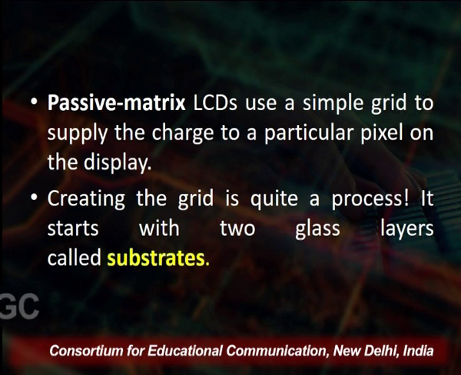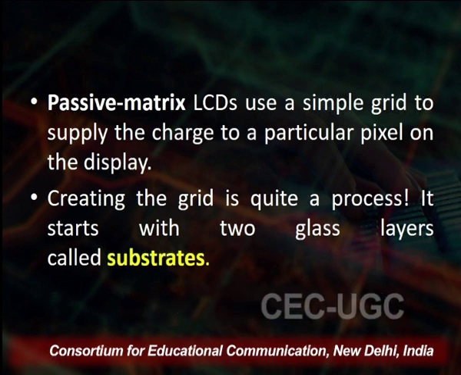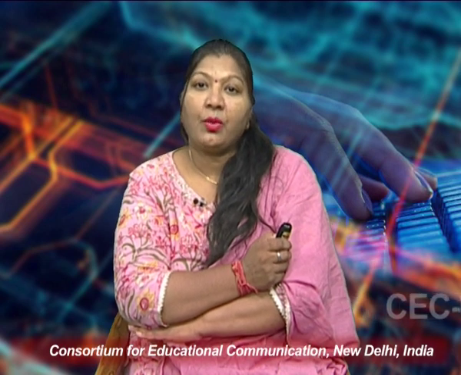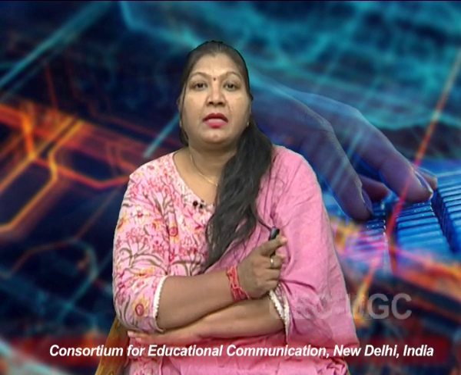Creating the grid is quite a process. It starts with two glass layers, which are called substrates. One substrate is given columns and the other gives the rows, made from transparent conductive material, usually indium tin oxide.